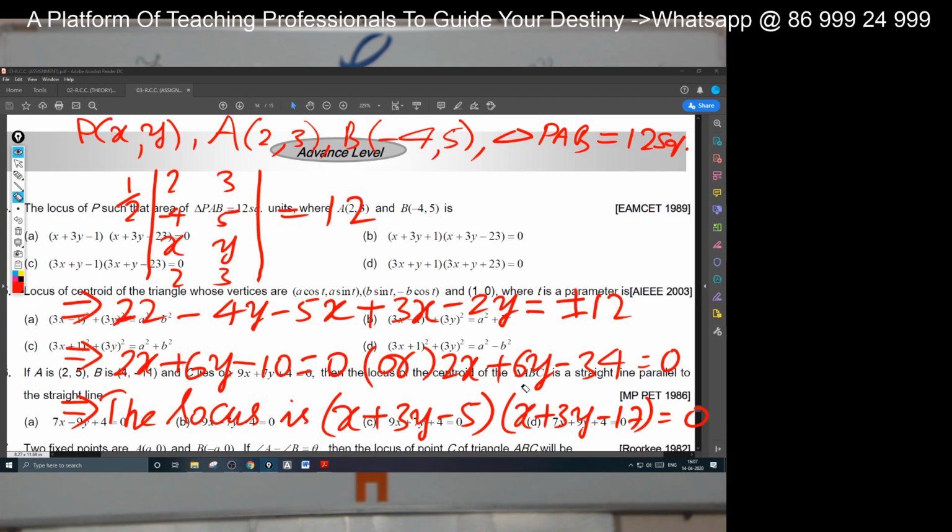Oh, 2 is missing here, please. Cross multiplying 2, you will get 24.